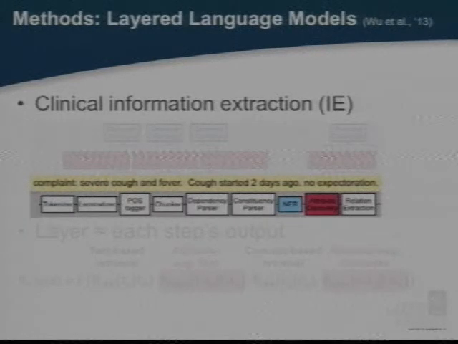That blue box there is named entity recognition. So out of that, you're going to get something like a concept that you've identified. Attribute discovery, you're going to find things like whether something is negated, whether a term is negated or not, or you're going to find the semantic group. Is this an anatomical site, or is this a sign or symptom? Okay.